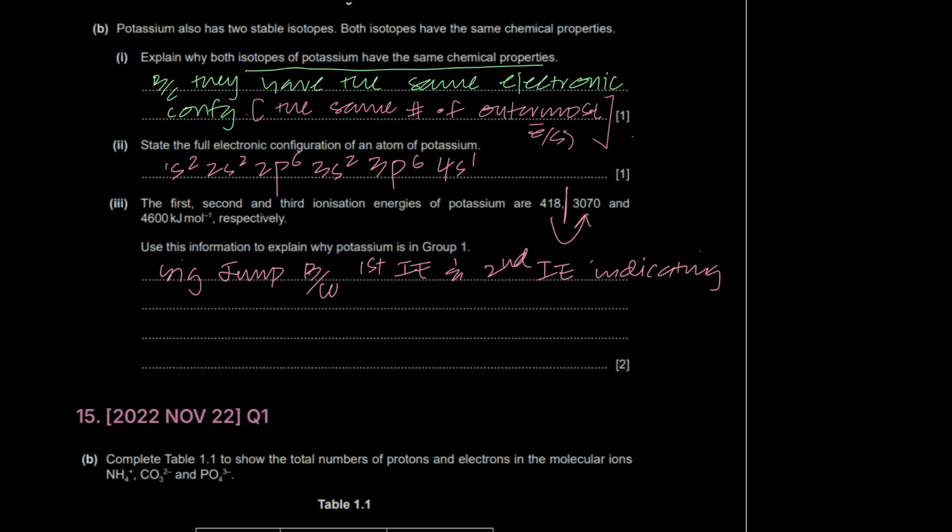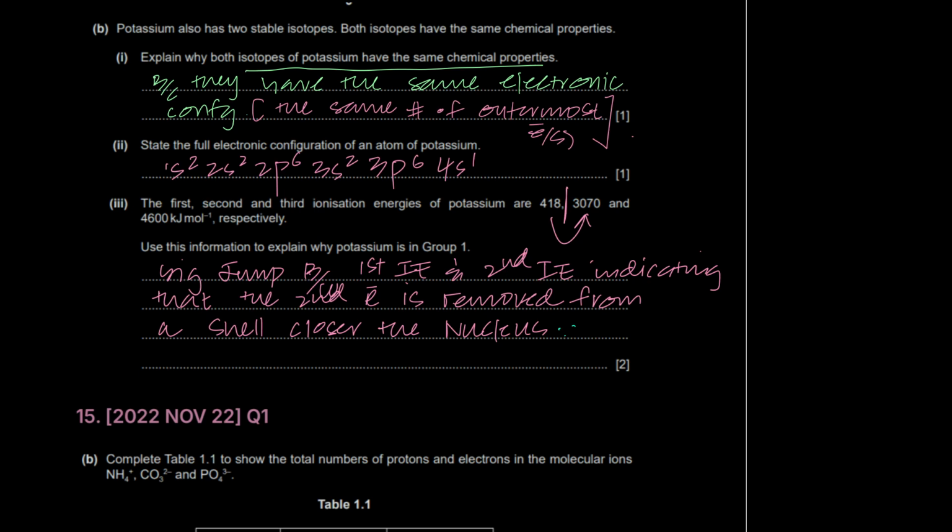Indicating that the second electron is removed from a shell closer to the nucleus. And therefore the outermost shell contains 1 electron. That's it. Big jump helps me figure out the outermost electrons.